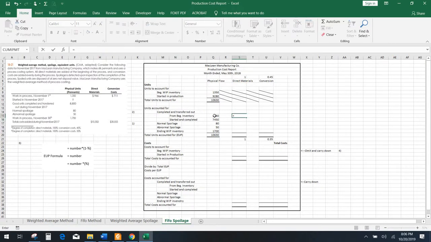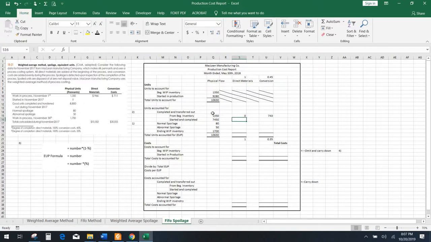Okay, and it's 0 because 1 minus 1 is 0. All right, same thing here. This equals top number multiplied by 1 minus the top percentage.